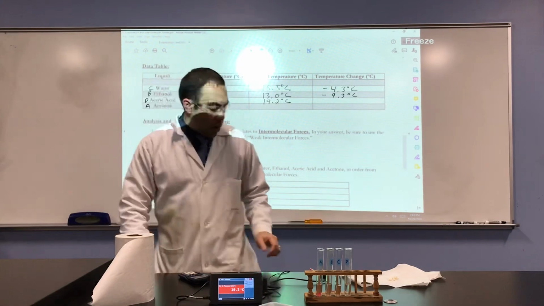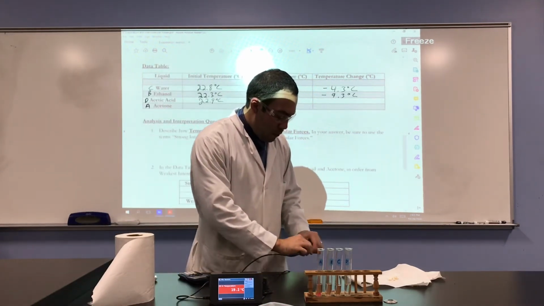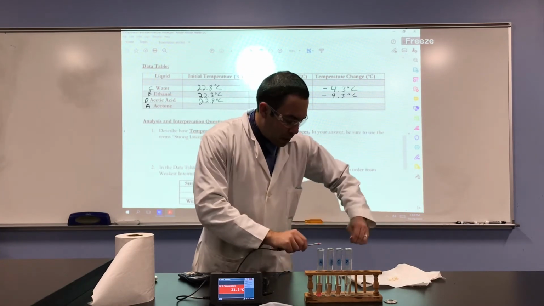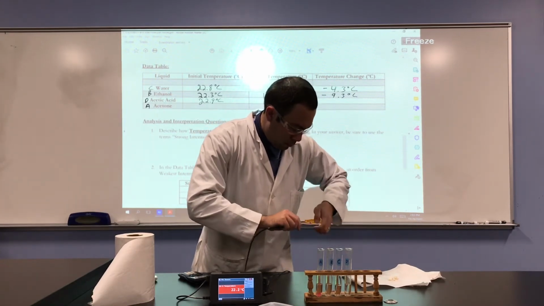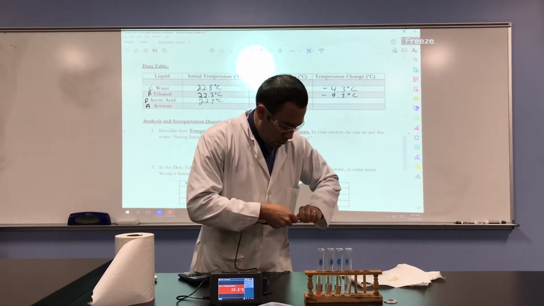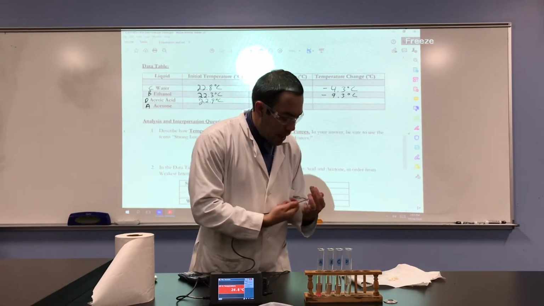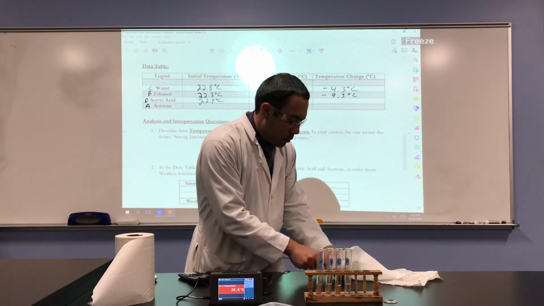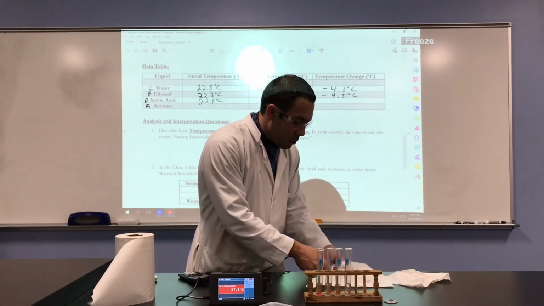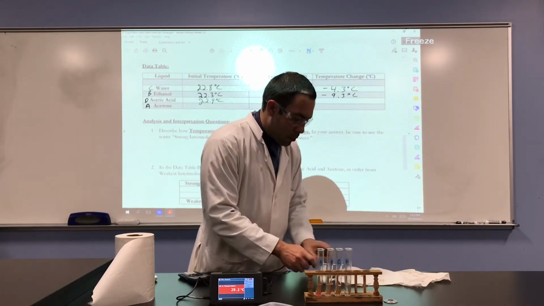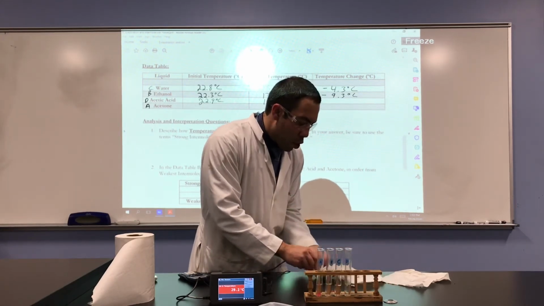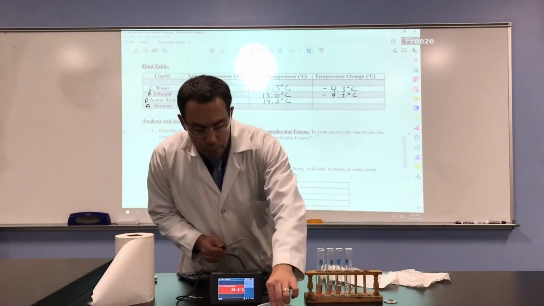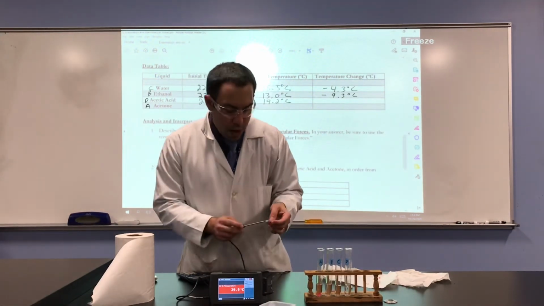All right, so for our last one, let's remove the rubber band and the filter paper. Put this aside. It's on nice and tight. A little slippery. Okay, also we'll dry off the probe and put one more piece of filter paper on.